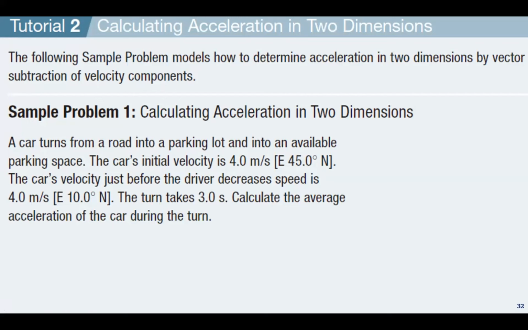Direction is 45 degrees north-east. The car's velocity just before the driver decreases speed is 4.0 meters per second, and direction is 10 degrees north-east. Also, the turn takes 3.0 seconds. Can you calculate the average acceleration of the car during the turn?